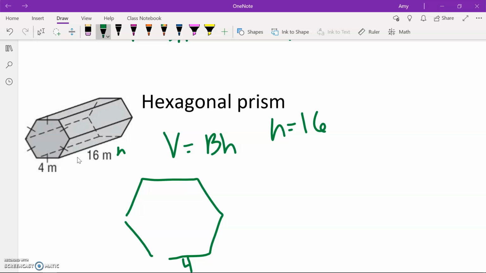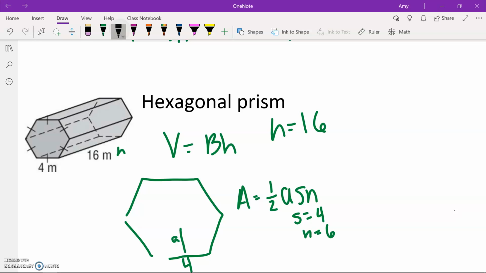So if we're going to calculate the area of this hexagon, we're going to use our formula. Area is 1/2 a s n. You might need to go back in your notes to review how to calculate the area of a regular polygon. I know this side is 4, and I know that there are 6 sides, but I do have to calculate my apothem.